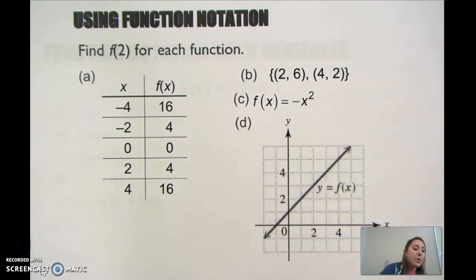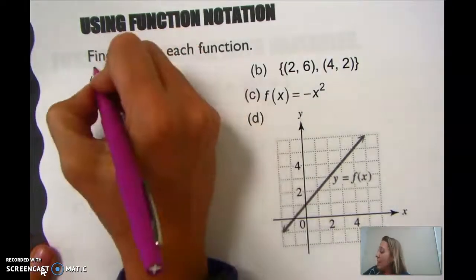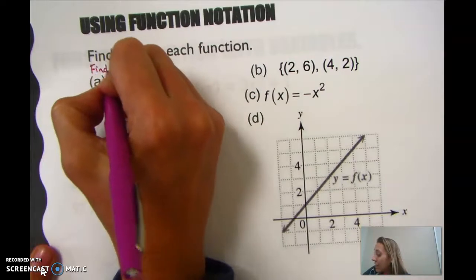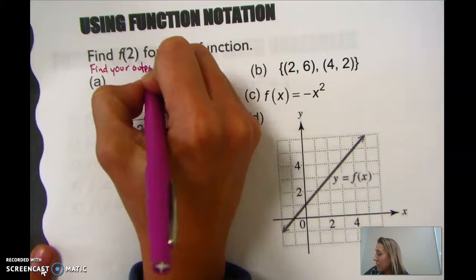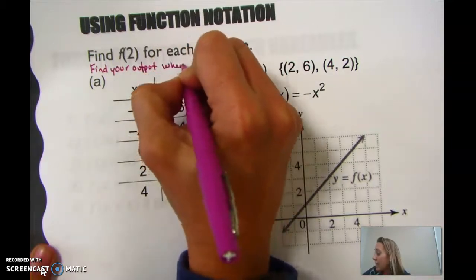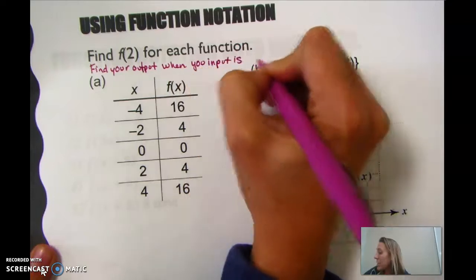And I would really like it if you wrote under this, you wrote find f of 2 for each function, and underneath I want you to translate that to what English it was saying. So it's saying, find your output when your input is 2.